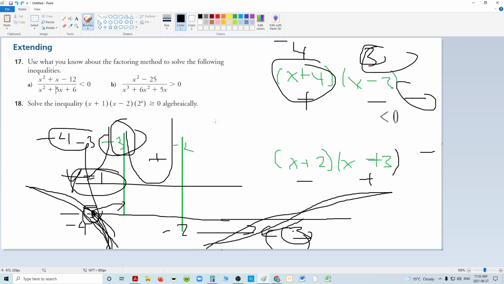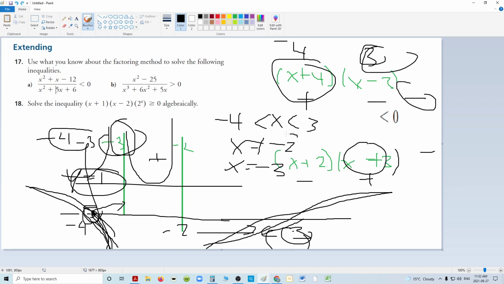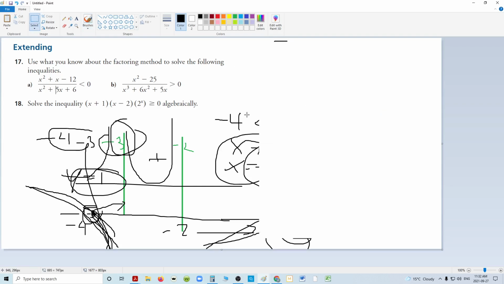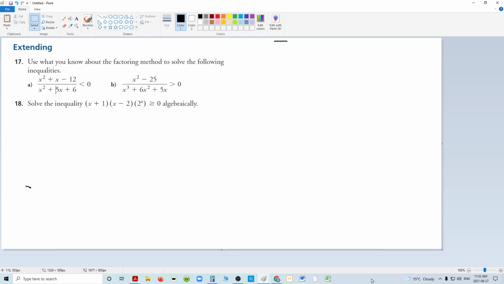You could say x is between -4 and 3, but then you'd have to say, but x cannot be -2 and x cannot be -3, because you cannot have the 0 at the bottom of the graph. I hope you've watched the other video, because that's a fast version of graphing.